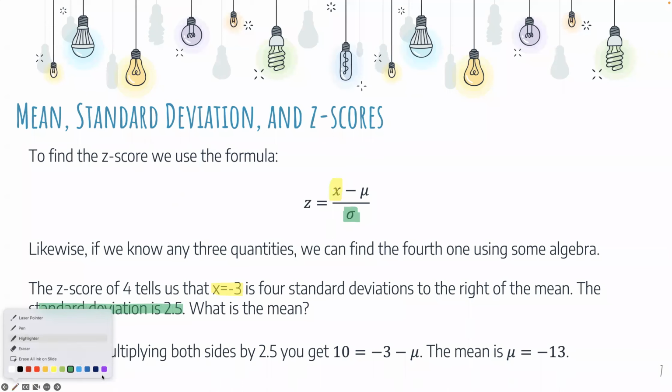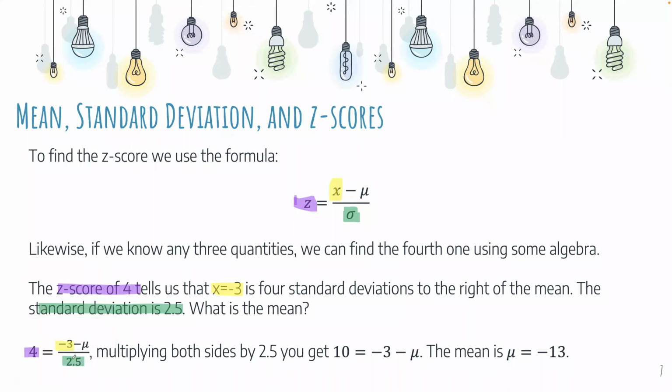And this is also telling me that the Z-score is 4. And it's asking me to find the mean. So when you go back here, you have the Z-score of 4, the X value of minus 3, and the standard deviation of 2.5.